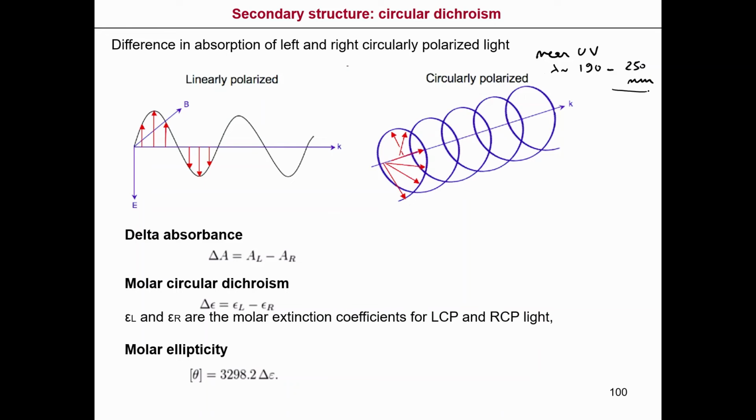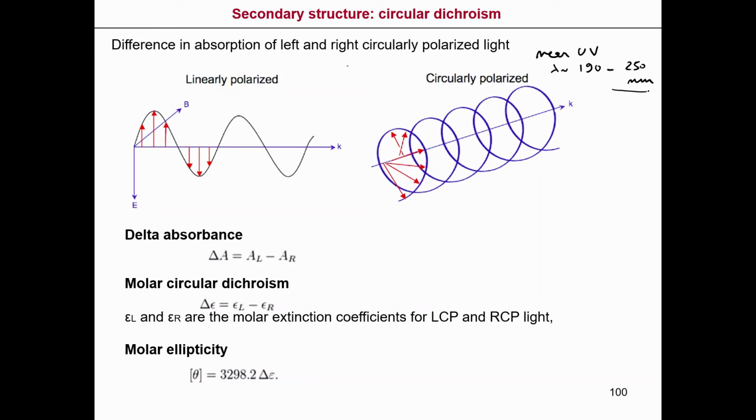Because proteins are composed of chiral amino acids, you remember the amino acids, the protein is composed of amino acids in L configuration and not DL.